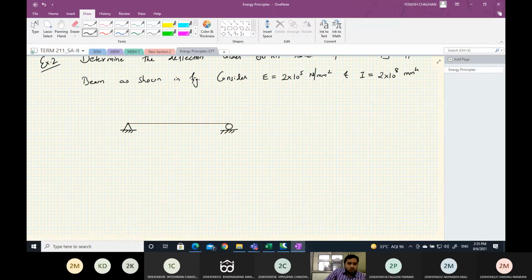It is subjected to a UDL of intensity 20 kN per meter. In addition, it is also subjected to a point load of 60 kN.